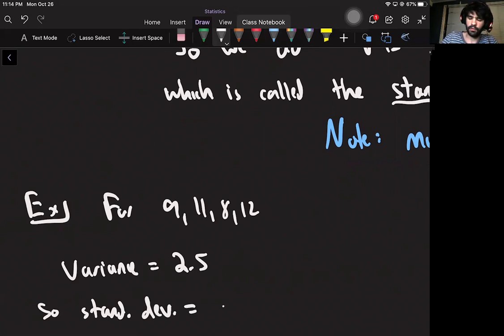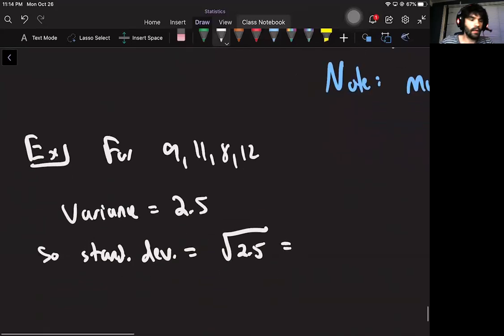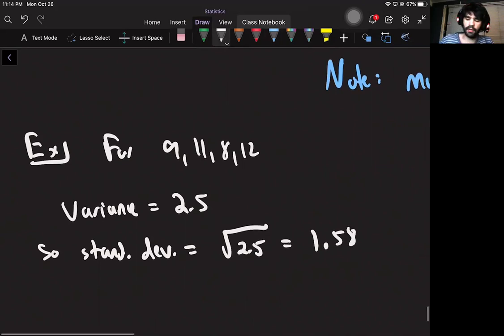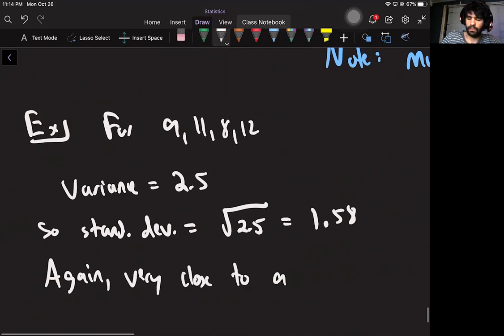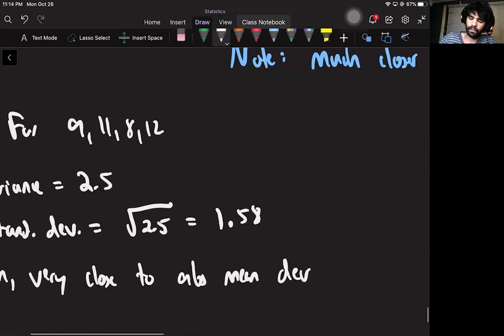Well, it's just the square root of 2.5, which of course you use a calculator for, unless it's a nice number that you can take the square root of in your head. This one is not, so 1.58. So now this is very close to the absolute mean deviation, which was, I think, just 1.5, right? So these are very close together now.